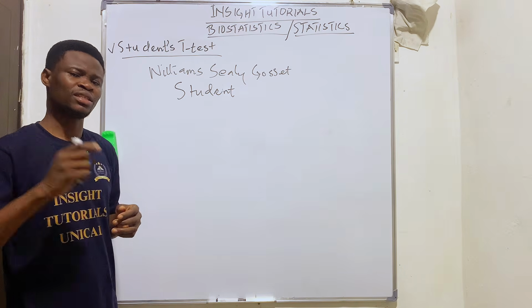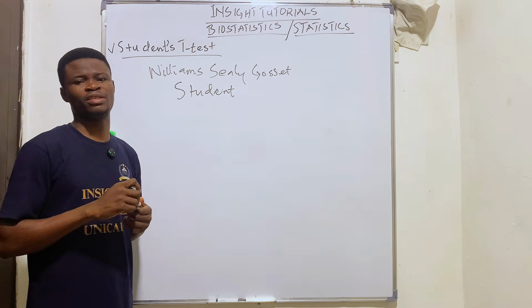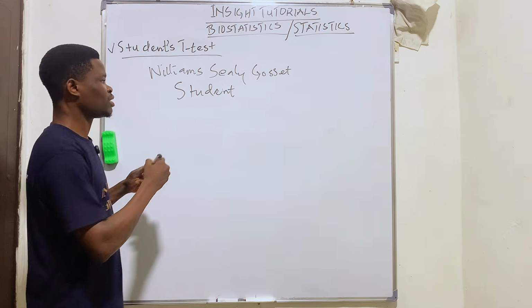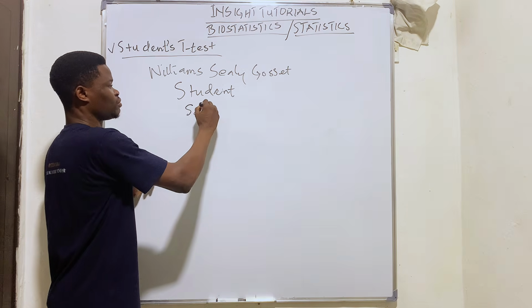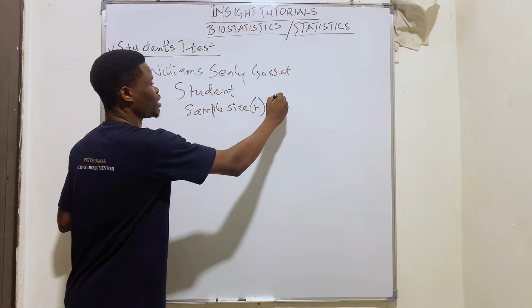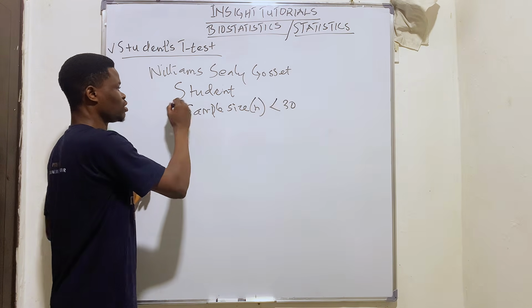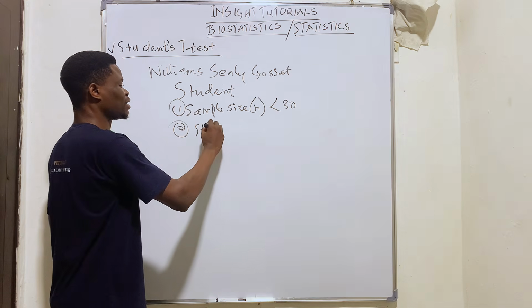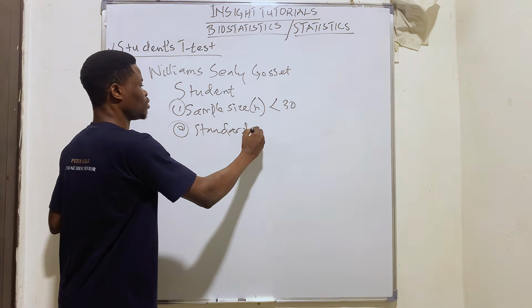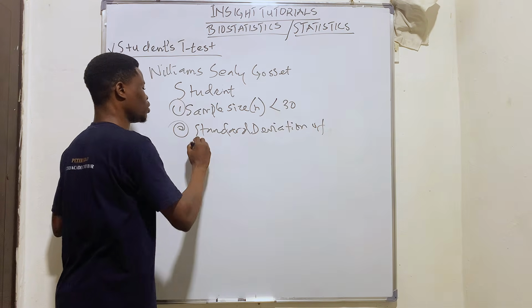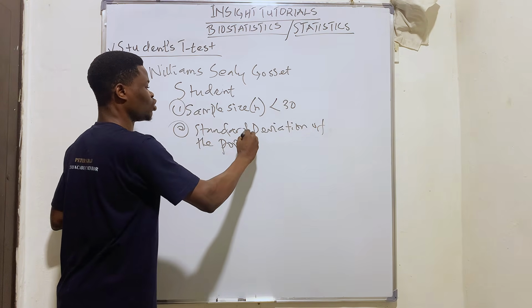Now, the student t-test is only effective under certain conditions. Number one, it is when the sample size, n, is less than 30. Number two, it's also when the standard deviation of the population is unknown.